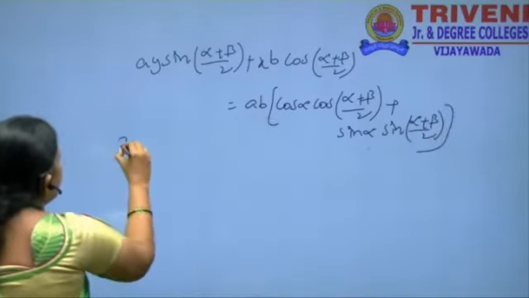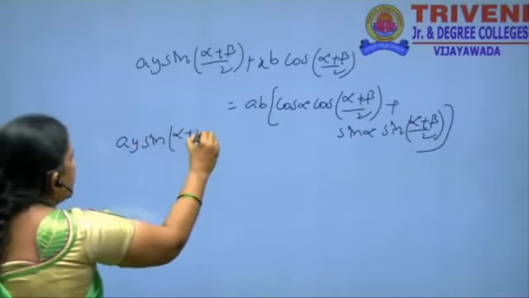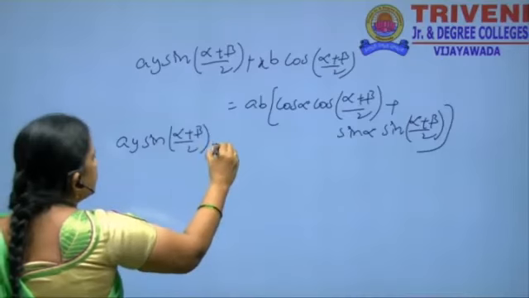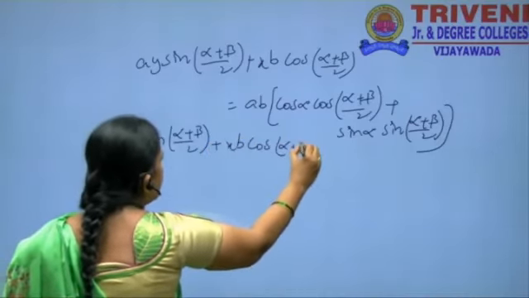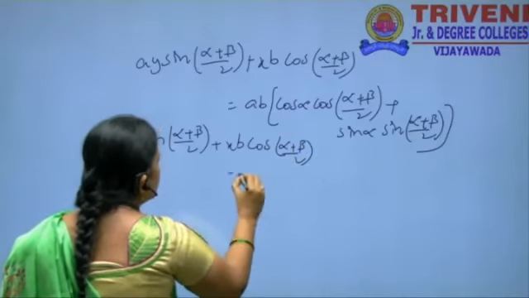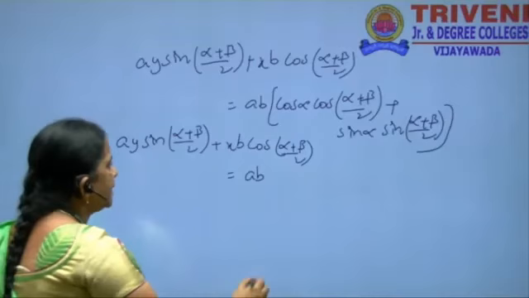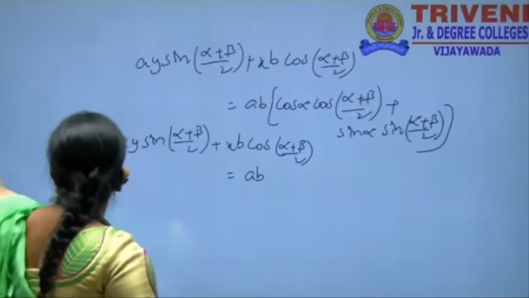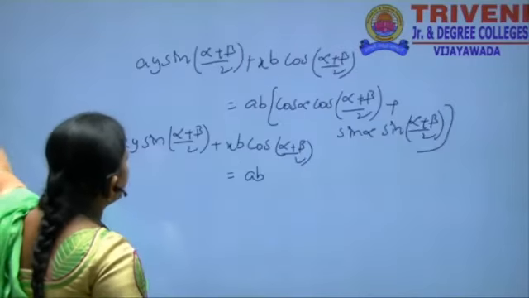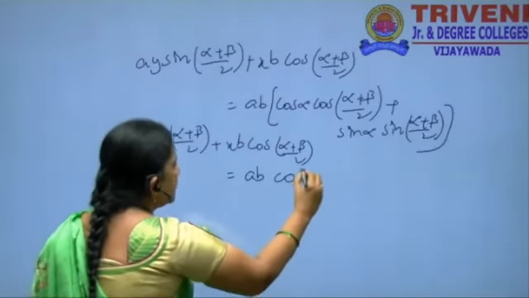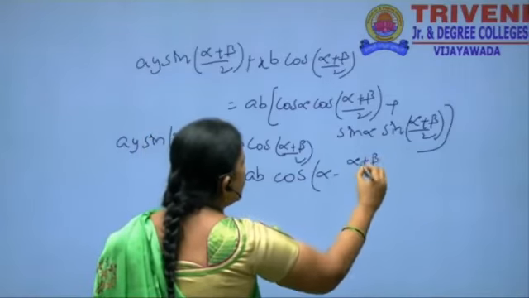Here it is ay sin of (alpha plus beta) by 2 plus xb cos of (alpha plus beta) by 2 is equal to ab into cos A cos B plus sin A sin B, which is cos of A minus B, that is cos of alpha minus (alpha plus beta) by 2.